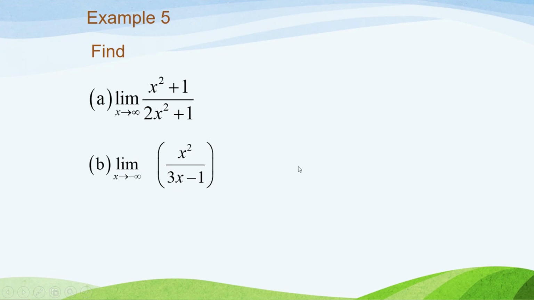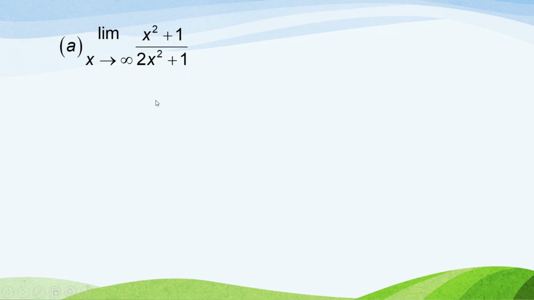Example 5. Find A, the limit of (x squared plus 1) over (2x squared plus 1) when x approaches infinity, and B, the limit of x squared over (3x minus 1) when x approaches negative infinity.